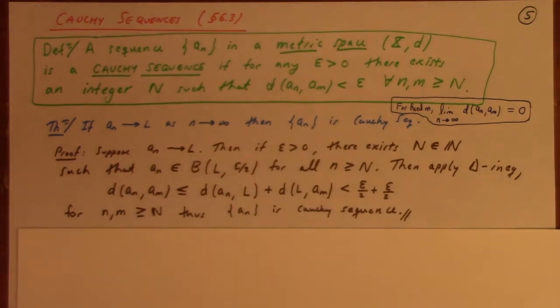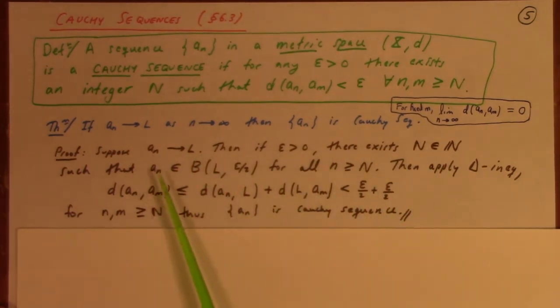Another theorem we can say: if you have a sequence which converges, then it's a Cauchy sequence. Here, of course, I mean converges in a metric space, because otherwise I don't have a definition for Cauchy sequence. But here's the standard proof. Suppose your sequence goes to L. Let epsilon be greater than 0.